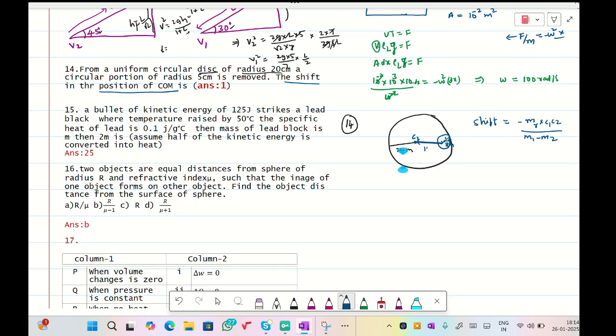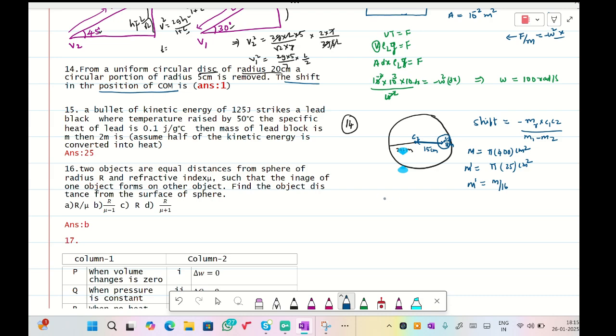It is 15 centimeter, very clear, right? Therefore I have to find the mass of the removed part. First, the 20 centimeter disc has mass m, considered as pi into 400 centimeter square. But m dash, the mass of the removed part, is pi into 25 centimeter square. So m dash is m by 16, since 400 by 25 is 16.